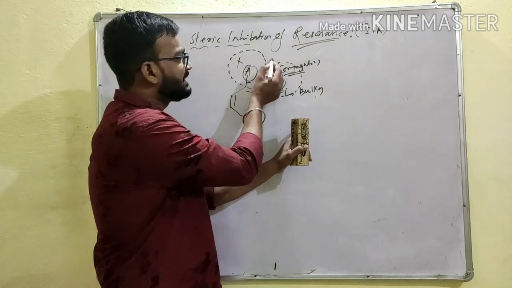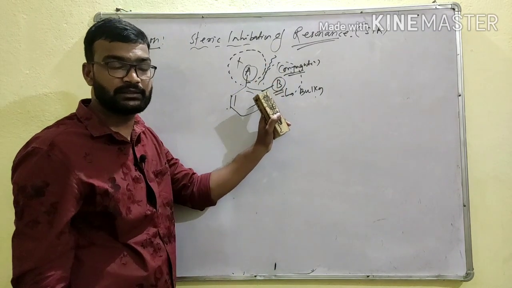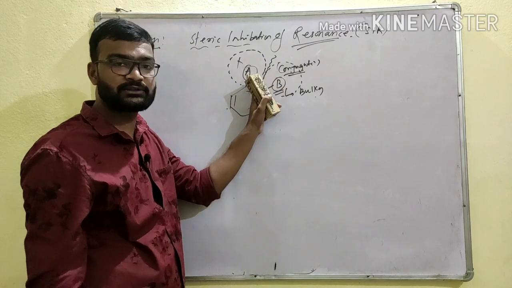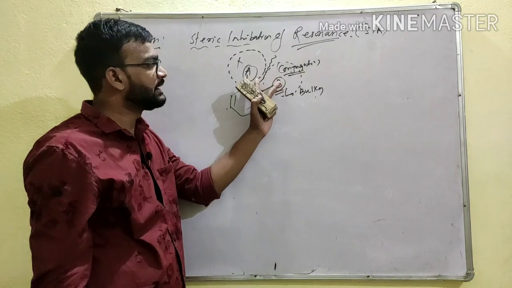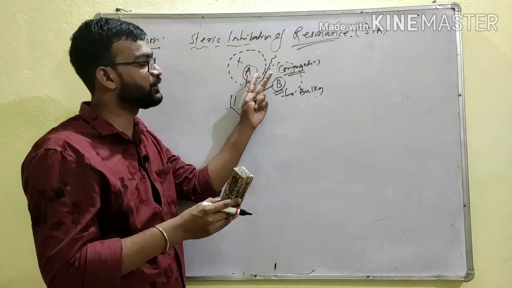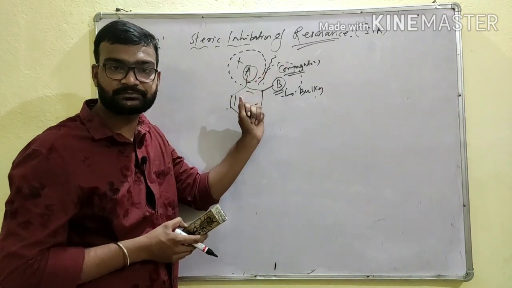That means these two groups are now in repulsion. So what is the consequence of this repulsion?